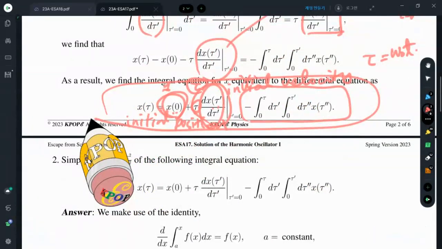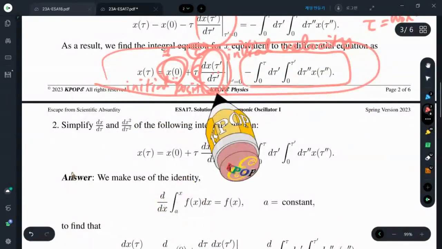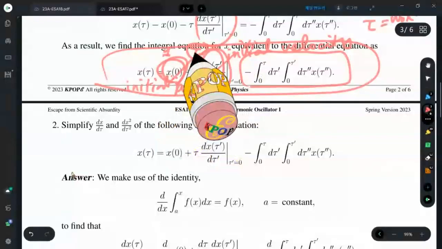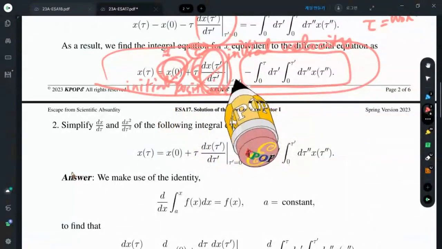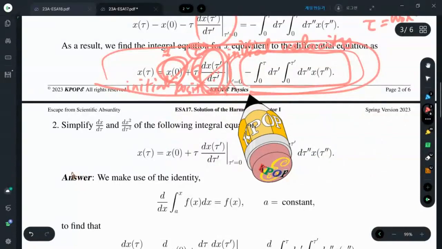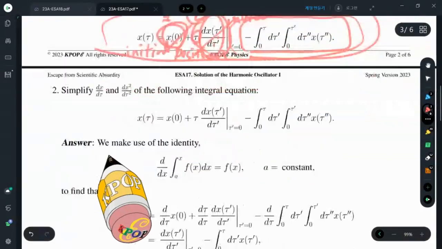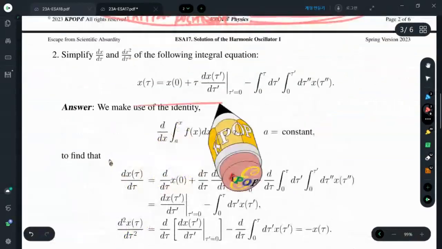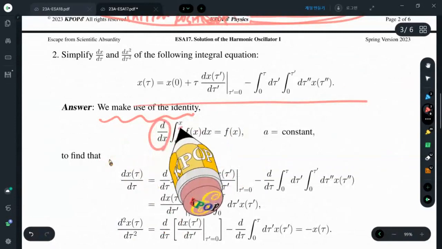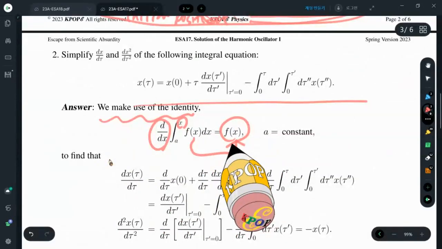So this is the integral equation. Let me see if it is true. You can take the derivative twice, then it is constant. It is a linear function. This one disappears. We need to see whether this integral satisfies the original differential equation of motion. Okay, we make use of the identity: the derivative of the integral of x gives your integrand.